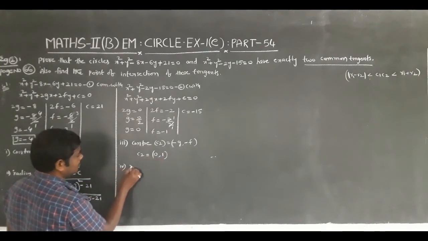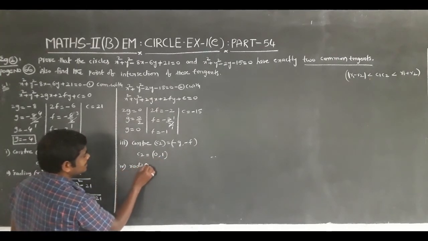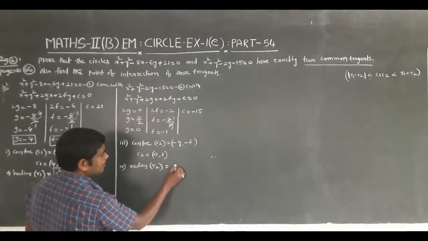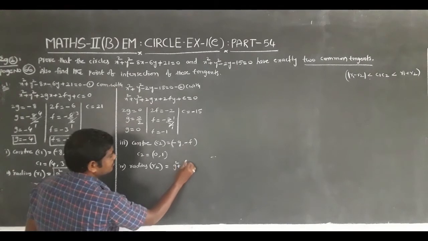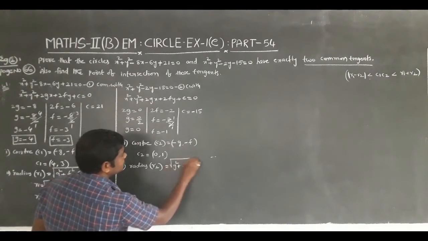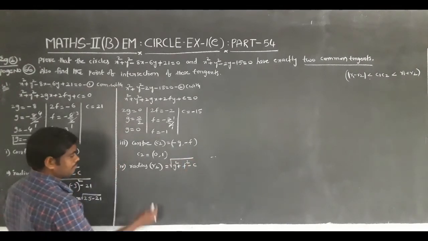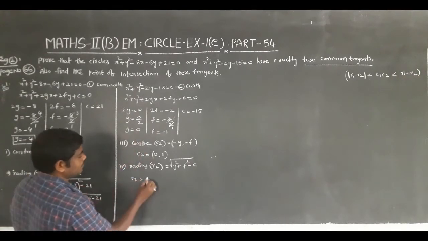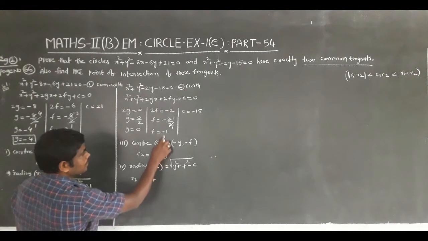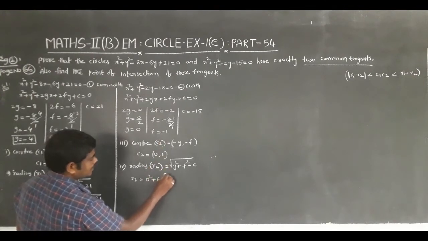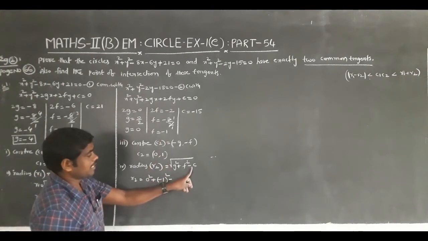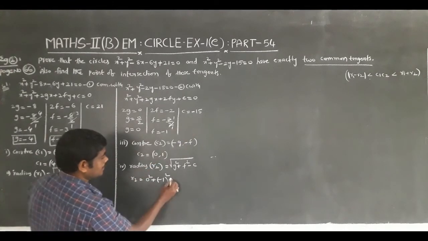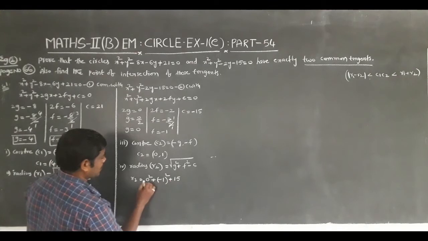Again, fourth one, radius of the second circle. Radius is equal to under root of g square plus f square minus c. R2 is equal to under root of 0 square plus minus 1 whole square minus c, c is equal to minus 15, minus into minus plus 15.